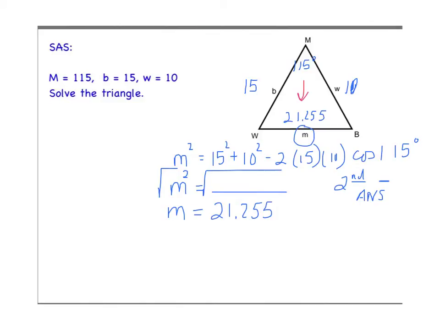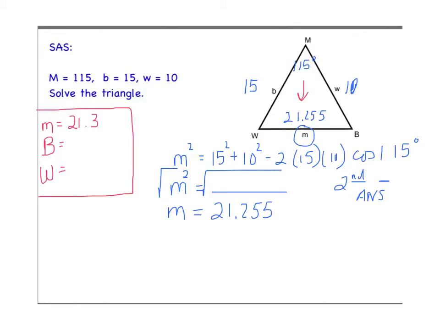That's there, all right? So to solve the triangle, remember what I needed to find was side M, which I found. I need to find angle B, and then I need to find angle W. Okay, this is what I need to solve. And all I have so far is side M, which is 21.3.